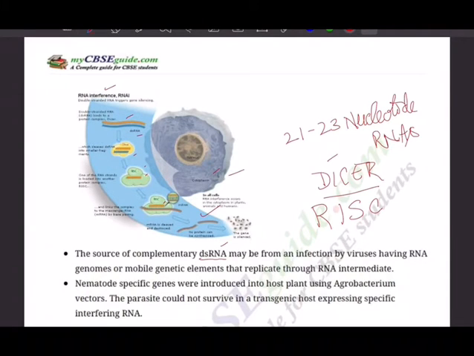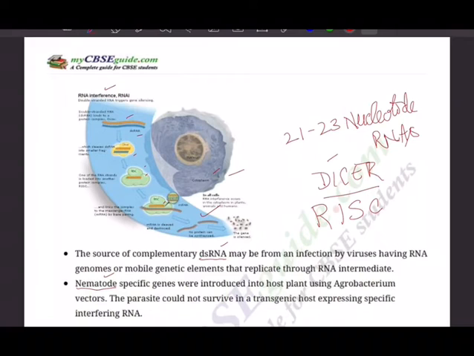When mRNA of the parasite is destroyed, no proteins are synthesized. This results in the death of the parasite. What is the parasite here? Nematode. Nematode is the parasite. Once the nematode is destroyed in the transgenic host, the transgenic plant gets itself protected from the parasite. This is what we are doing.